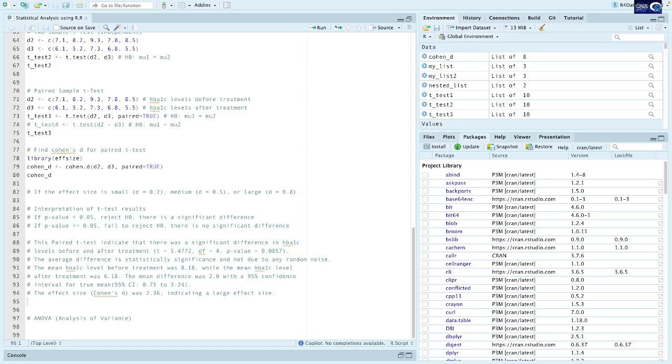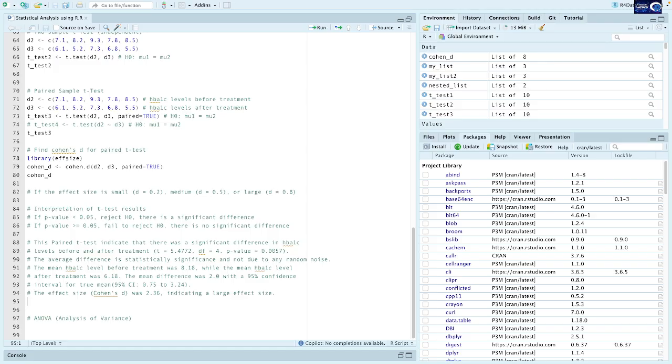For the factors, I am creating factor 1 as A and B, and factor 2 as X, Y, Z. So my data will be like this. Factor 1 is A and B and factor 2 is X, Y, Z, so there are two different levels we need to consider and their corresponding values as well.